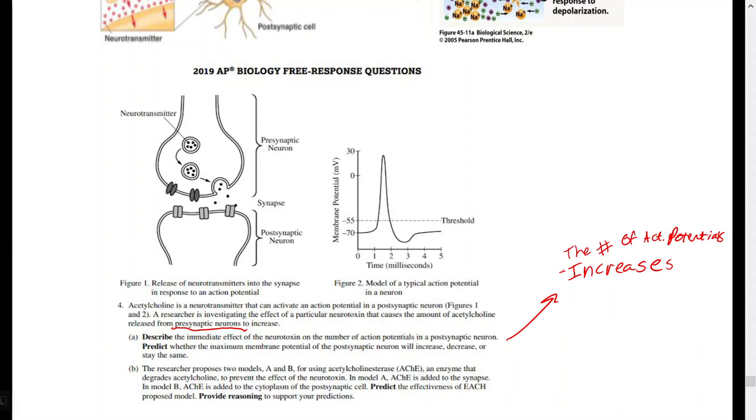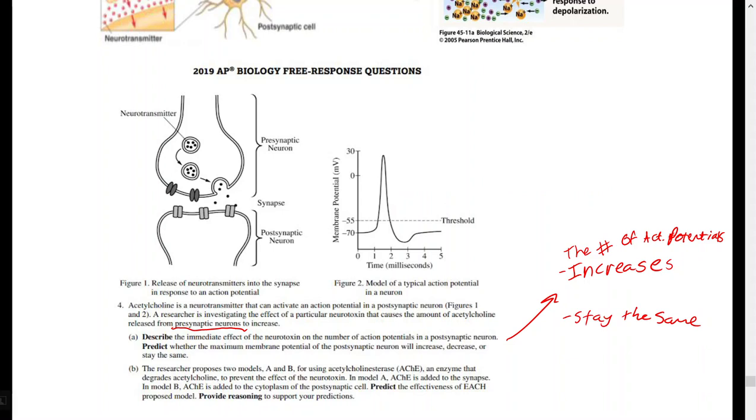Okay, so then next we want to predict whether the maximum membrane potential of the postsynaptic neuron will increase, decrease, or stay the same. Well, I just told you that the maximum potential, this amplitude, doesn't change, so it will stay the same. Everything is based on that frequency, the number of action potentials at any given point in time.